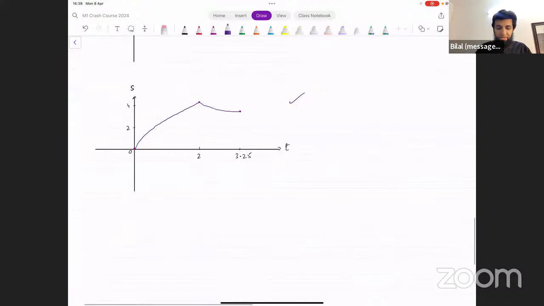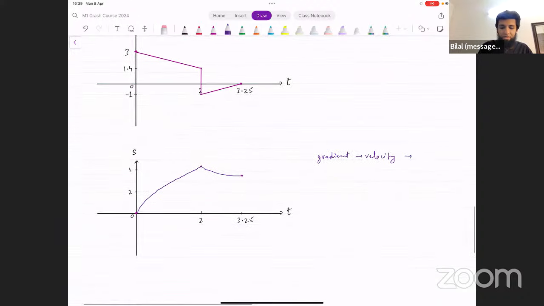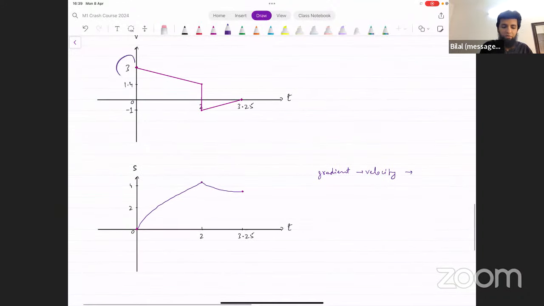In a displacement time graph, the gradient represents velocity. Velocity, you can see, is not constant. It's going from 3 to 1.4, then to 1, -1, and then to 0. The velocity is not constant.